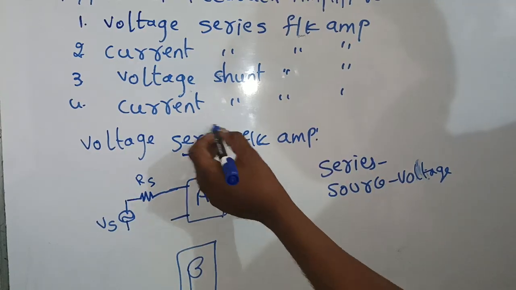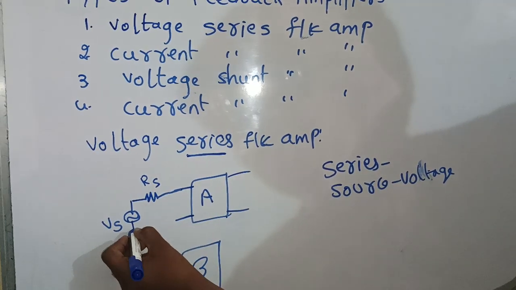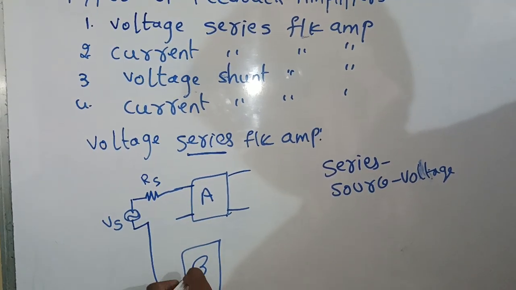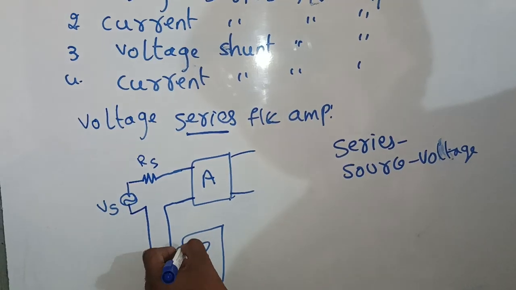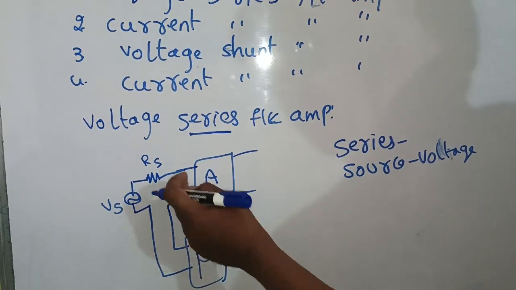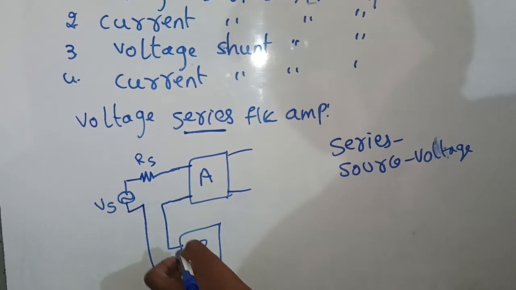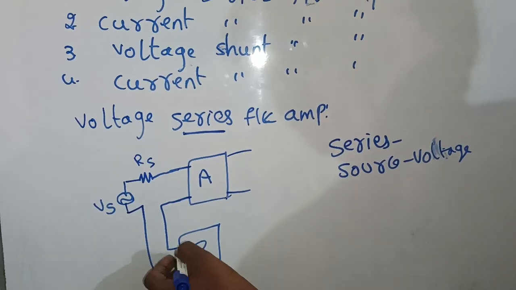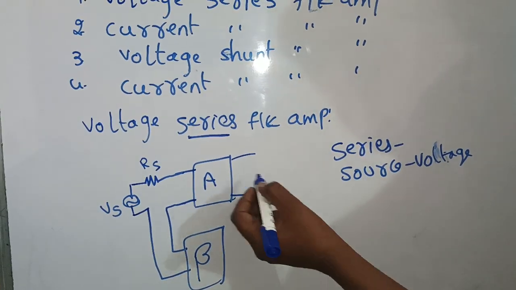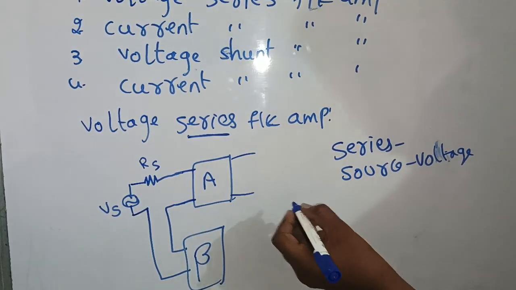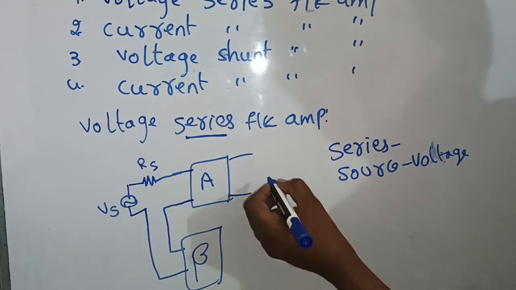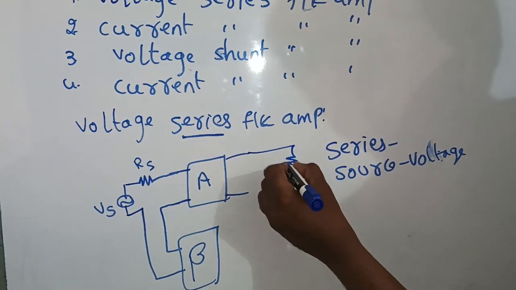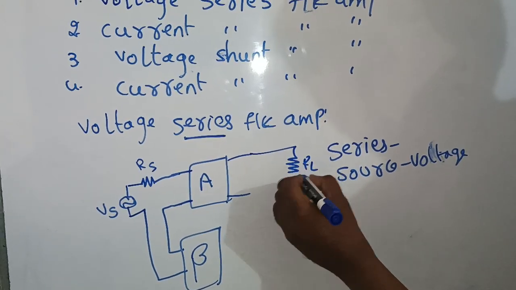Next, this is a series amplifier. Here the input has a mixer. The mixer is also in series with the feedback network. Similarly, there we have a load resistance RL.